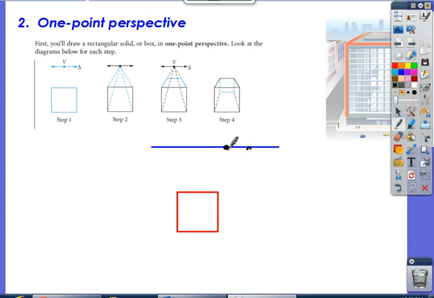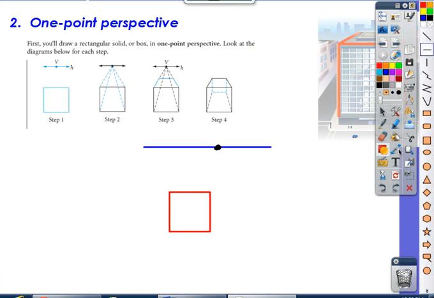So let's make it actually right there. So now I have my line and I have my vanishing point. And what you want to do is use a straight edge to draw from each vertex of the square a straight line to your vanishing point. So that's the next thing I'm going to do. From each one of these, I draw a straight line to the vanishing point.